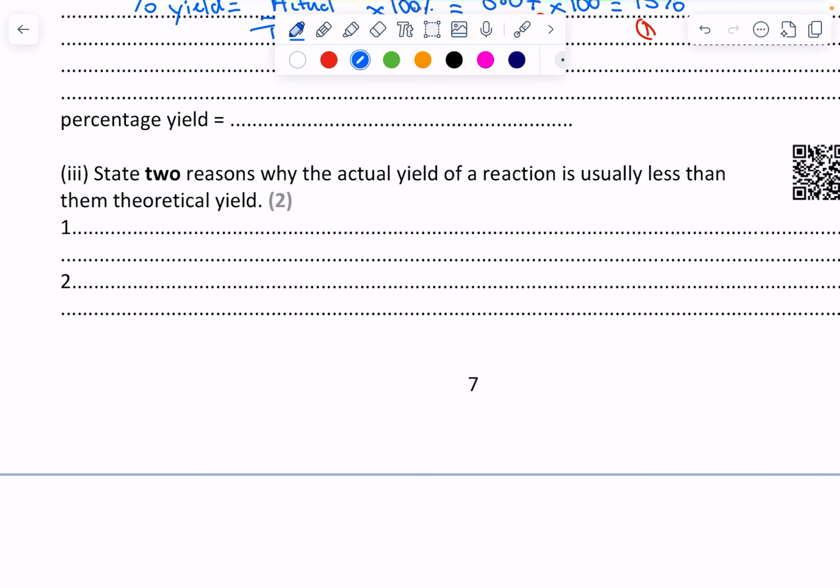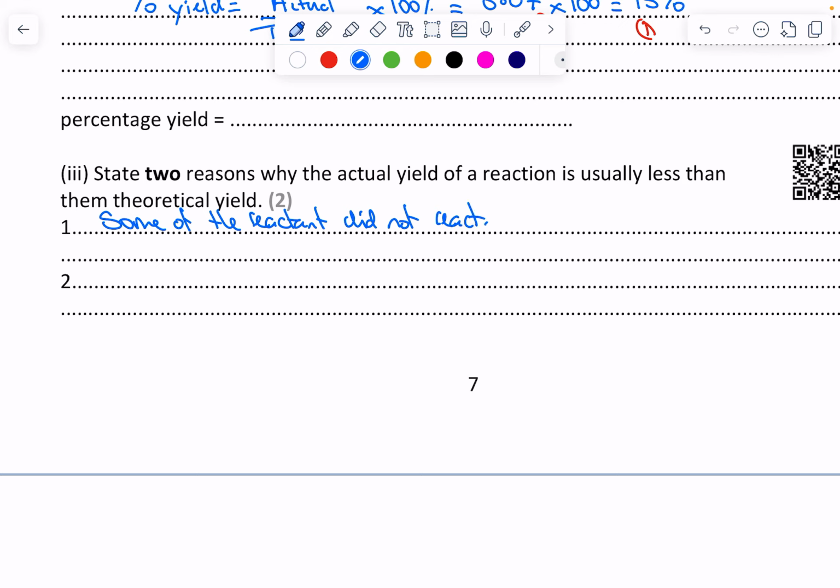Give 2 reasons why the actual yield is less. I'm actually going to give you 3 because any 2 of these will be allowed. So the first one is that some of the reactant did not react.